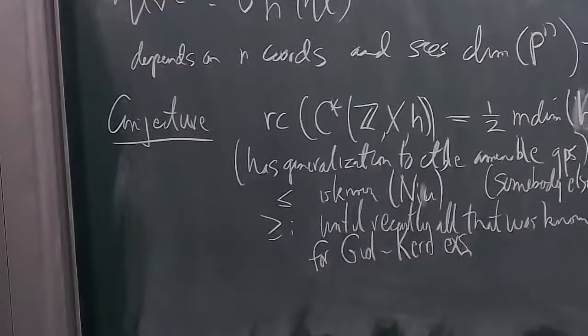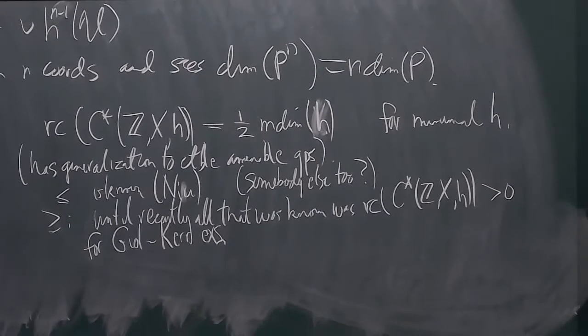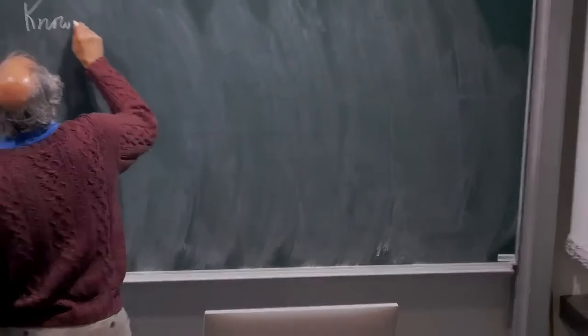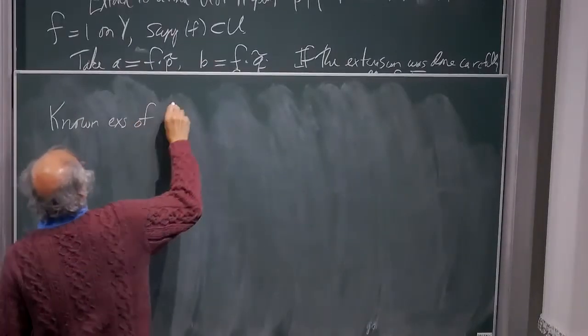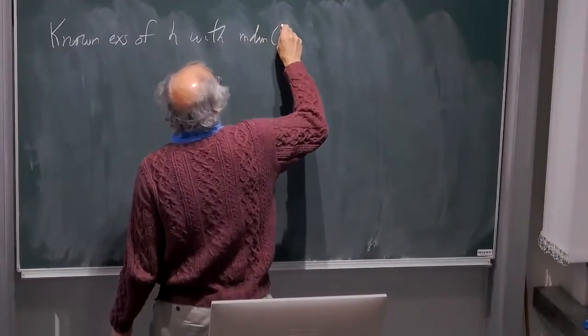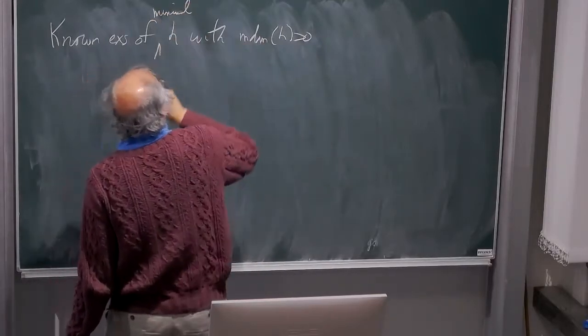Okay, so there are examples of minimal H with mean dimension of H bigger than 0 which are subshifts.